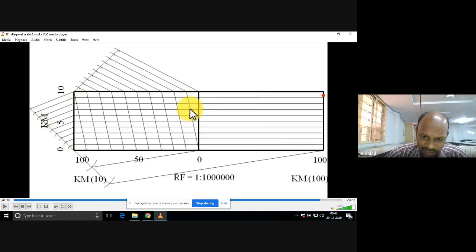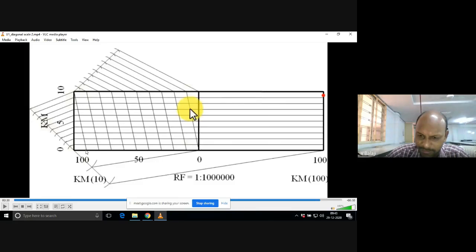If you divide these 10-10 again, 10 kilometers again into 10 parts, 1 kilometer has already come. So you need not do anything with the vertical height. Then what is the use of this diagonal scale? That question will come. That means you are doing a plain scale only.